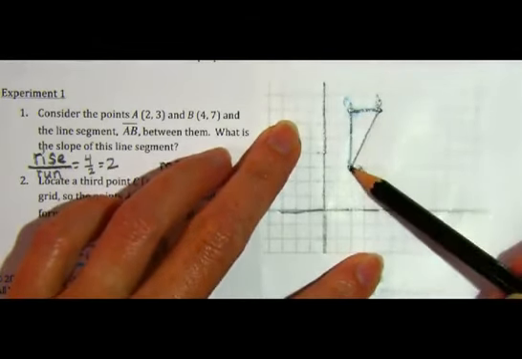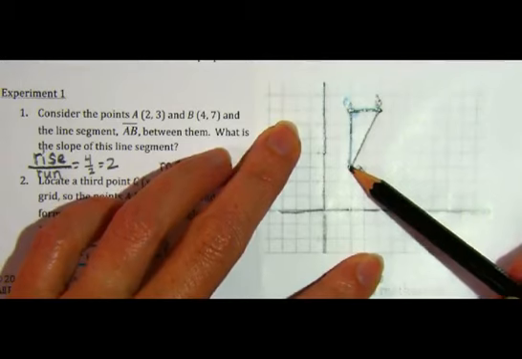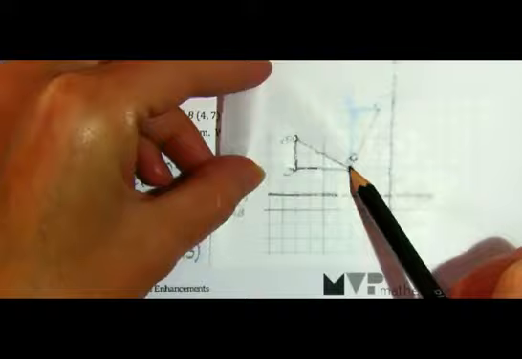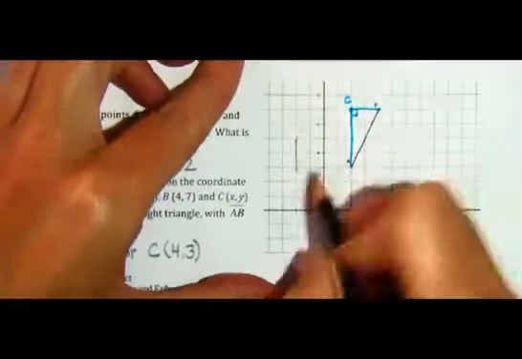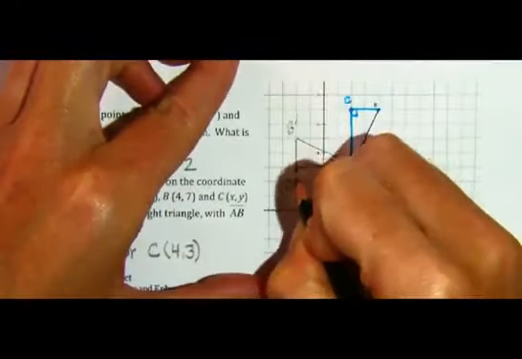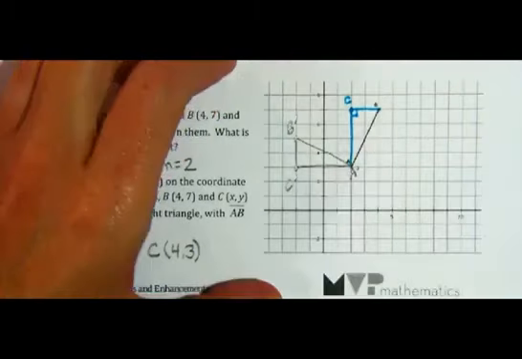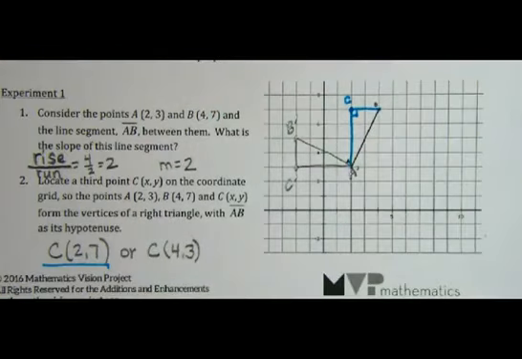Since (2, 3) is the center of rotation, we will fix point A and rotate 90 degrees counterclockwise. We'll label our new image as triangle A', B', C'.